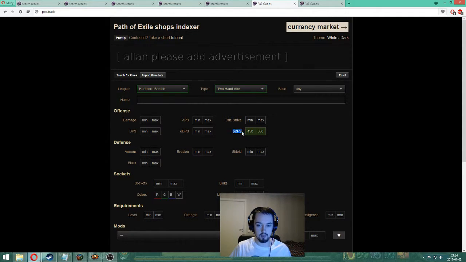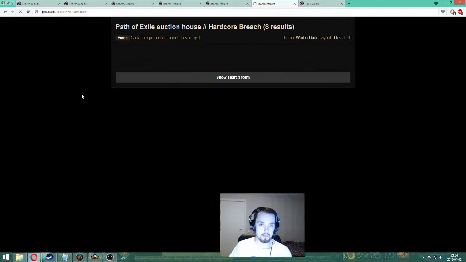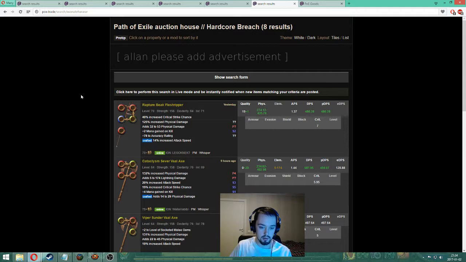Physical DPS is important because in the skill tree most builds scale mainly physical damage, so you only want the physical DPS, it's the important part. This is elemental DPS and this is DPS in general. And that is it, 200 axe, the DPS numbers, and we'll search 8 results.